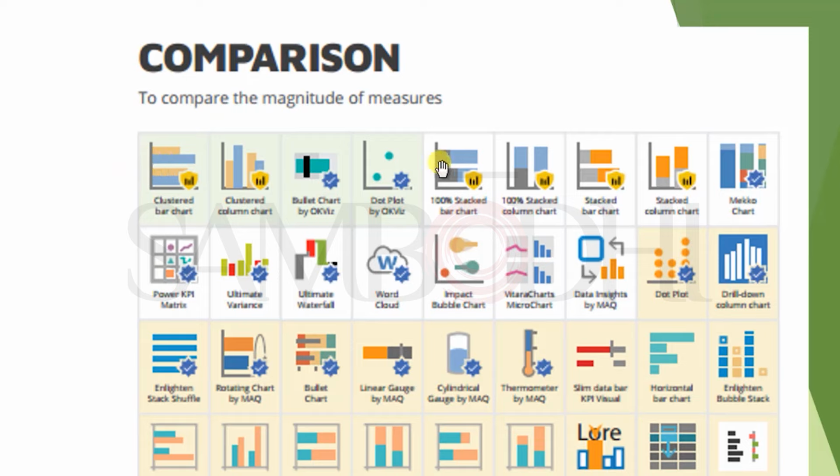It can be stacked horizontally or vertically. Similarly, this is a 100% stacked chart, which also gives you the percentage breakup of the ratio of products sold. If 100 products are sold, how much percentage is product A vis-a-vis product B.